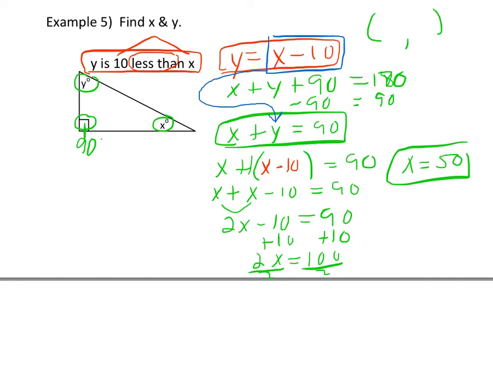Again, we're finding an ordered pair, a location on a graph that tells us where they are equal to each other. We have x equals 50, so the most efficient piece would be to plug it into the first equation, not the second one, because there's more steps involved there. So the first equation would give us y equals 50 minus 10.